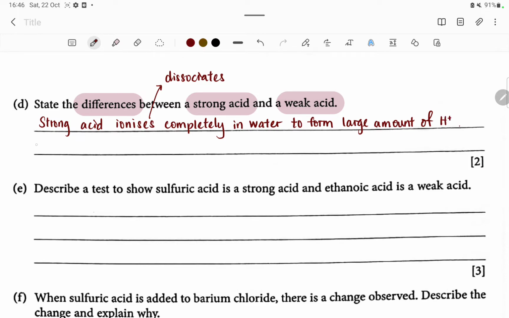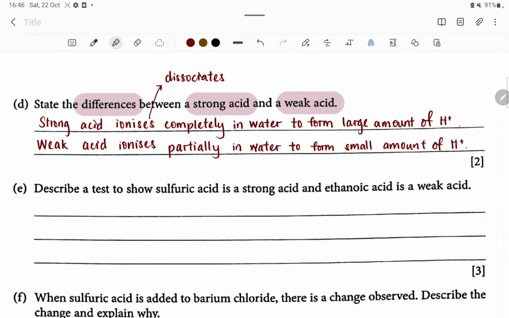And then weak acid ionizes partially in water to form only a small amount of H plus.